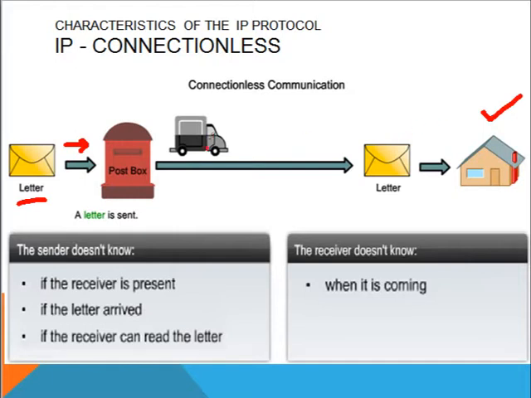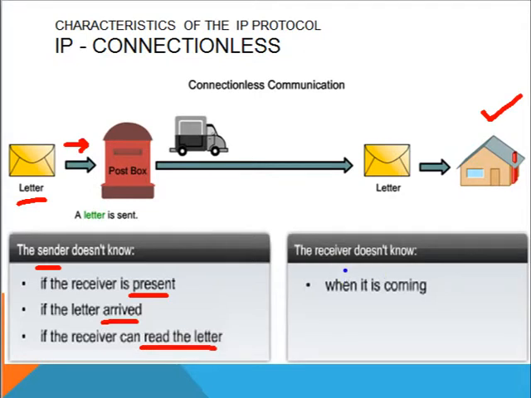You are the sender, and you do not know if the receiver is present or not. You do not know if your friend is in the house or not, you do not know whether the letter has arrived at the destination, and you also do not know whether your friend has already opened and read the letter.